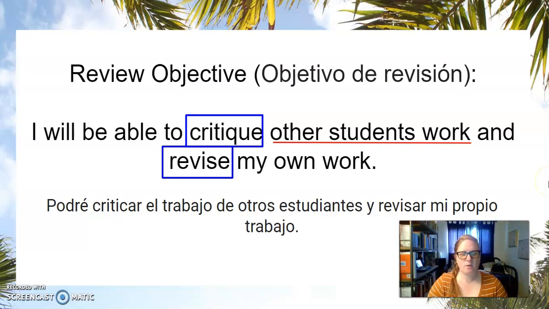All right, so our objective for today is I will be able to critique other students' work and revise my own work. As I said yesterday, it was a 2-day kind of math assignment, because today you're going to be looking at how other students answered the questions that you were given.